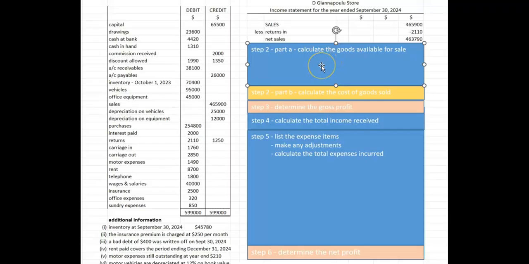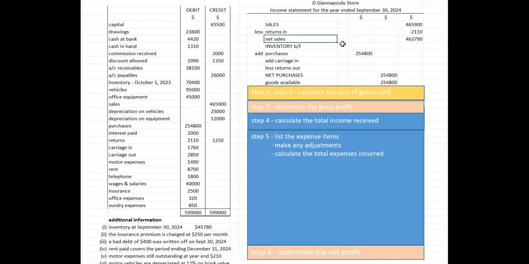Step two, which I'm going to do in two parts. First, I'm going to calculate the goods available. And recall, goods available is simply opening inventory plus net purchases. So I'm putting the opening inventory figure, which is given here as 70,400.